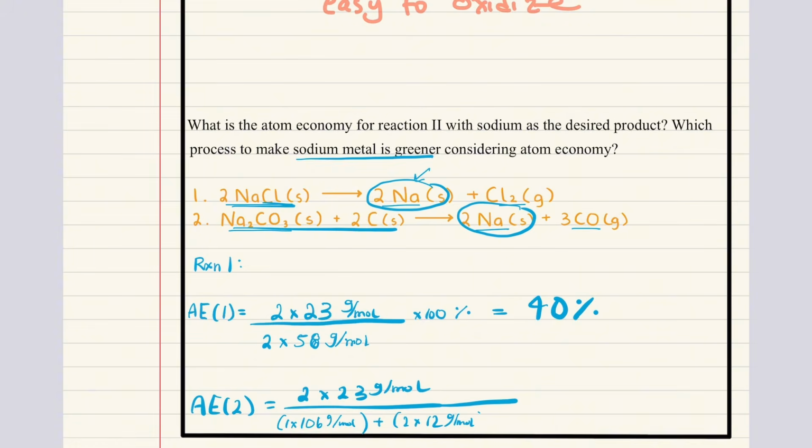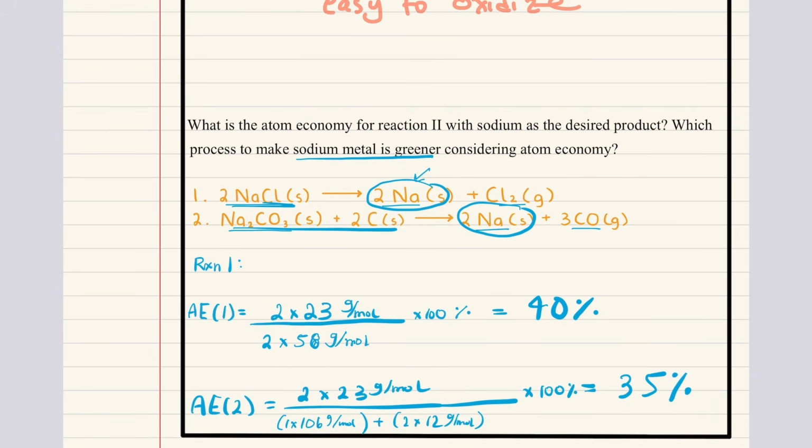So the denominator is 106 plus 2 times 12, which is 130 grams of reactants. Dividing 46 by 130 and then multiplying by 100% gives us about 35%. So reaction 2 has an atom economy of roughly 35%.